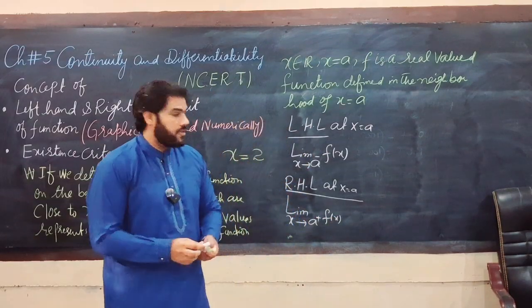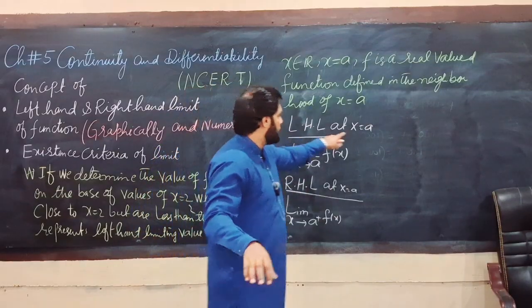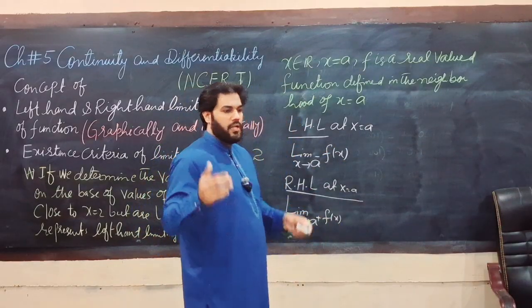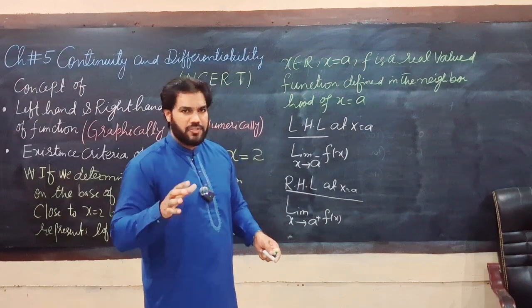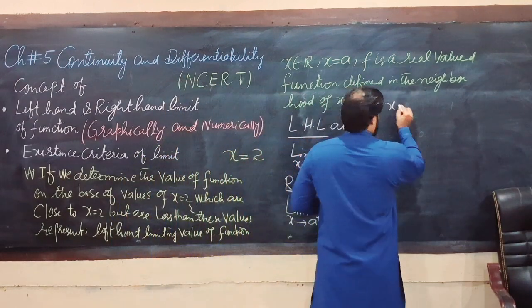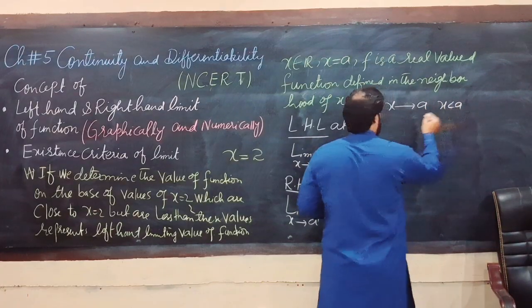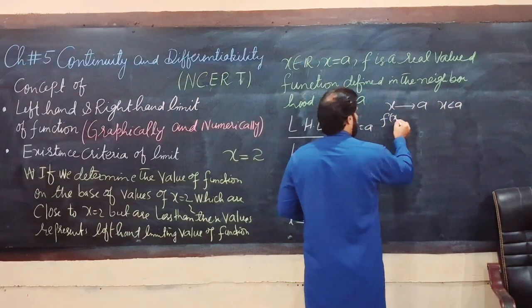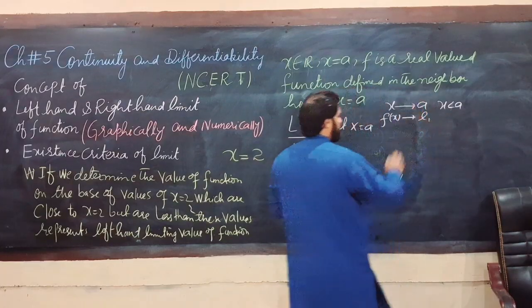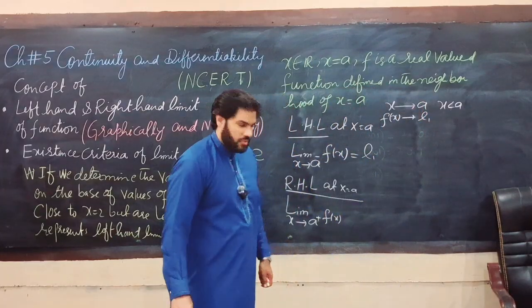Now suppose that whenever your x approaches a from the left side, mean to say x is very nearly close to a but always less than a, and your real valued function f of x approaches some real number L1, then L1 is called the left hand limit of the function.